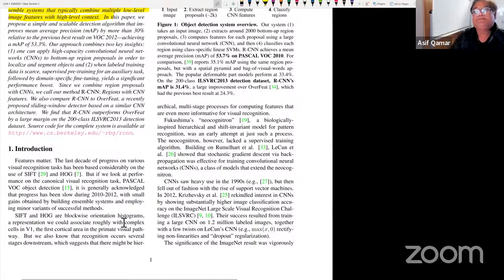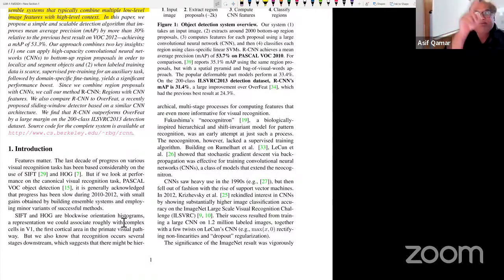Features matter, obviously. In computer vision, the way people used to do it is they used to use two techniques called SIFT and HOG. Right? What they would do is they would look at an image and find important features in the image.